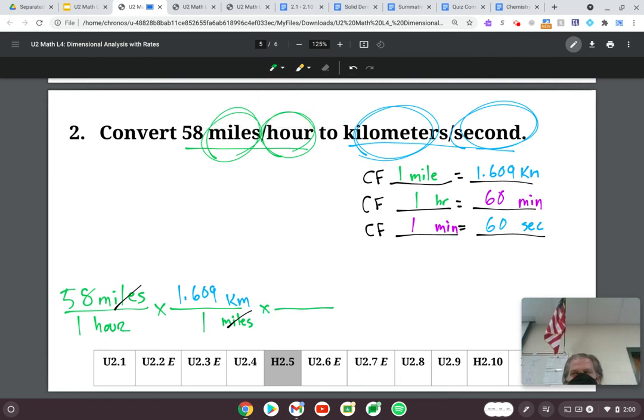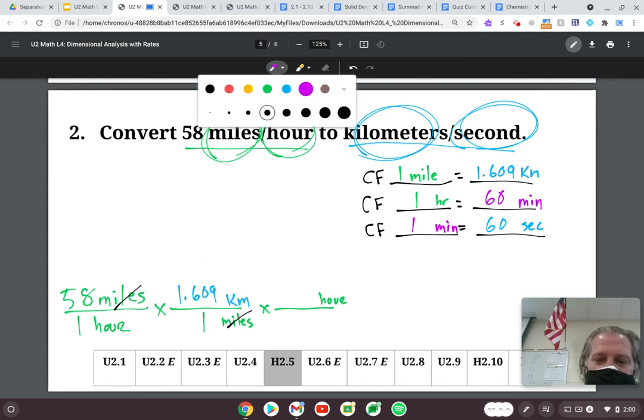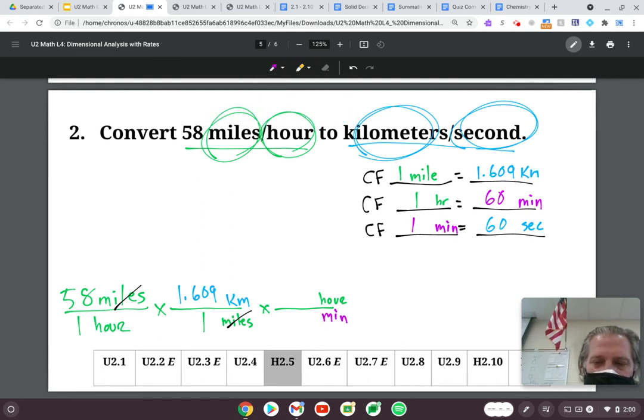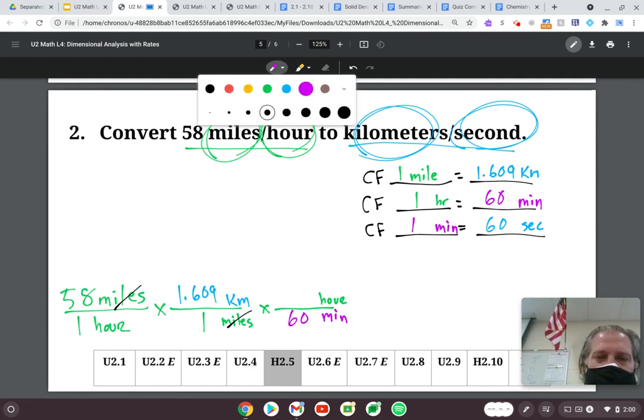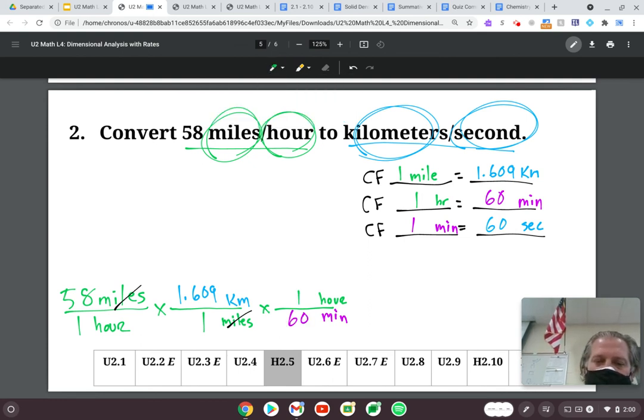And we're going to go hours to minutes. When we go hours to minutes, I need to get rid of hours, so I'm going to put hours on the top and minutes on the bottom. Our relationship is 60 minutes. So the question is, do we have to cancel out kilometers?